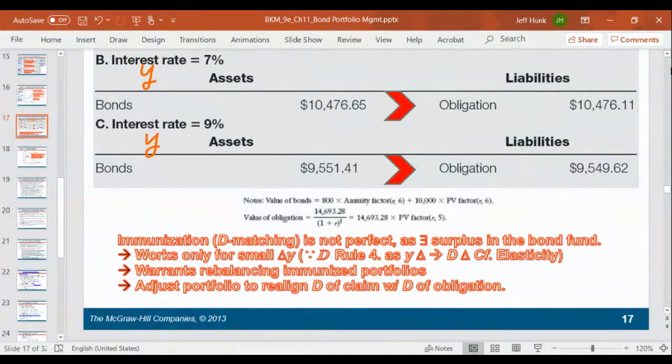So from future value perspective, from duration perspective, from the present value perspective, our portfolio is immunized, right? Or rather, our obligation is immunized.